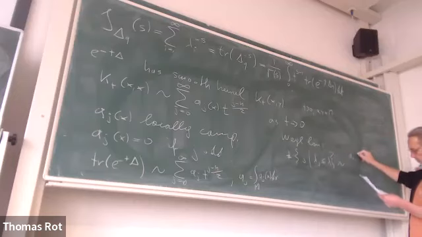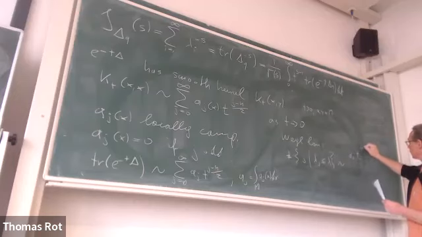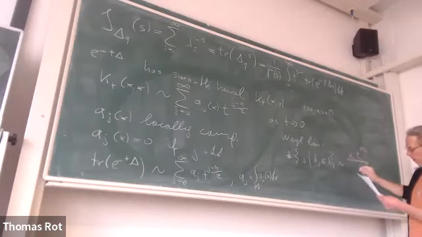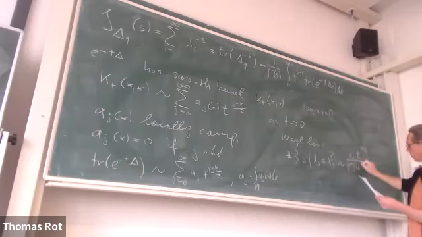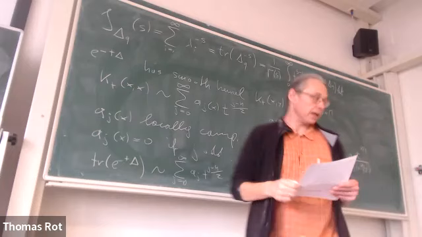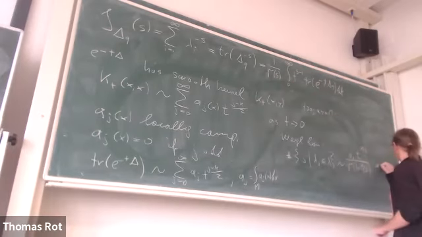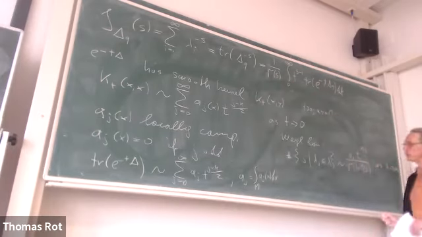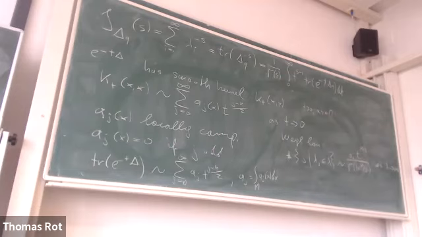In this expansion, t to the power minus n over 2 and some gamma value, gamma of n over 2 plus 1. The leading term tells you how fast the eigenvalues grow.